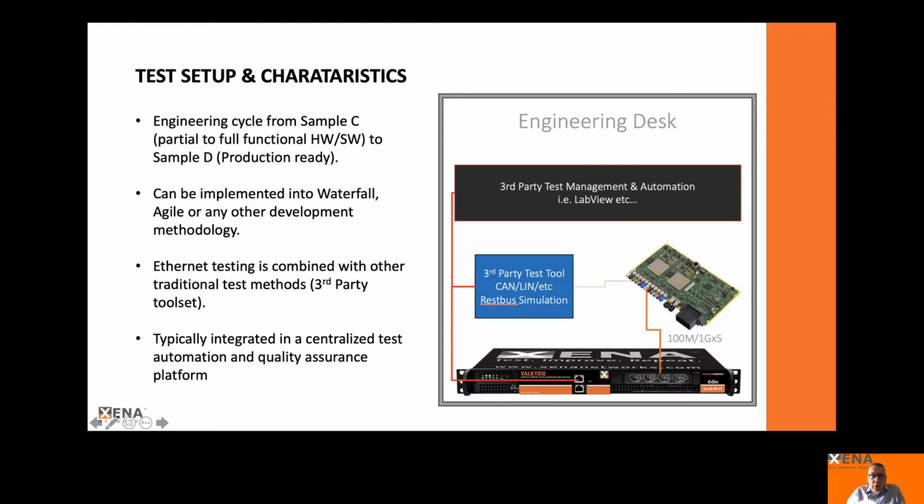Everything is probably automated through a third-party test management quality system like LabVIEW from NI, or you're using our own test automation tool here also to automate then the third-party test tools.